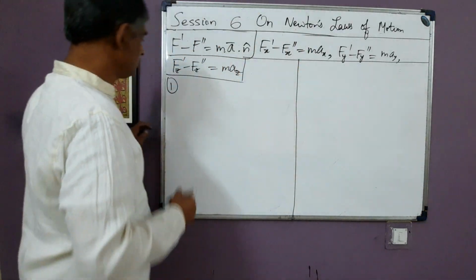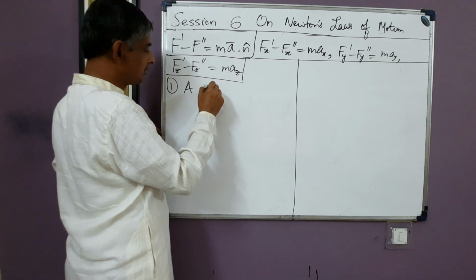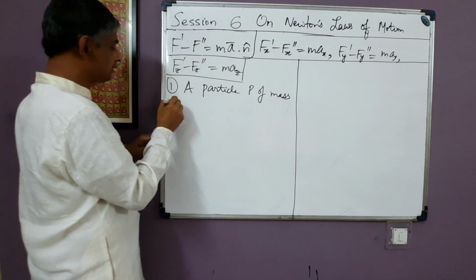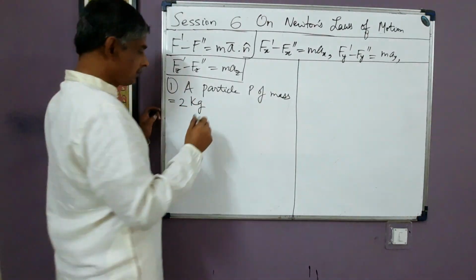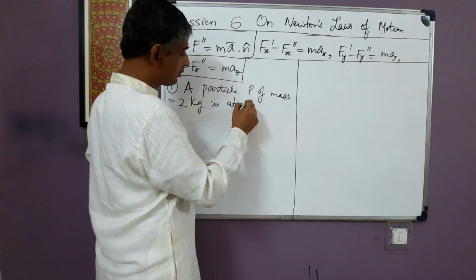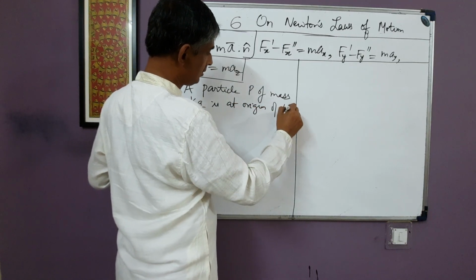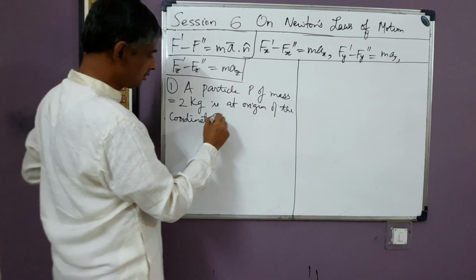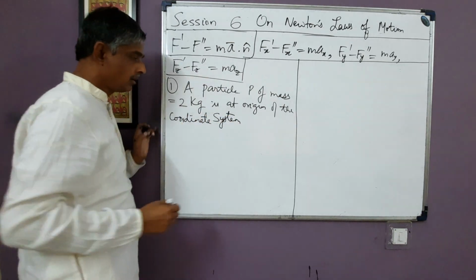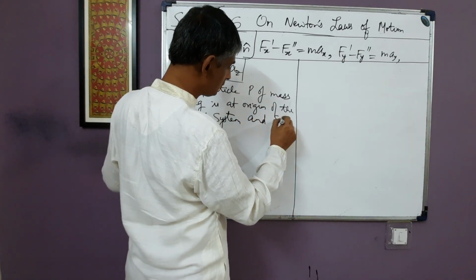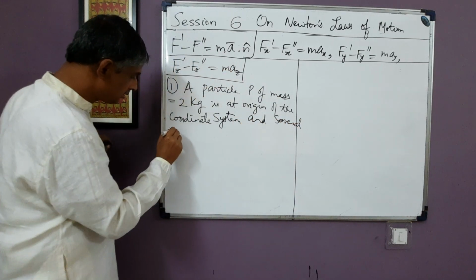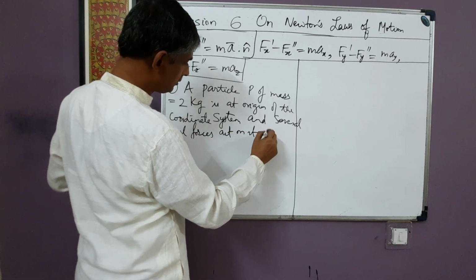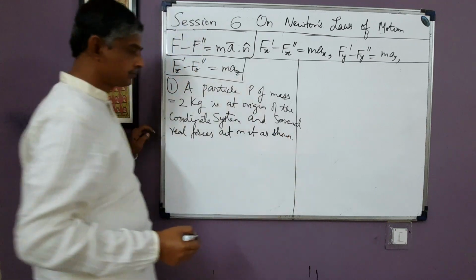So the problem is this: a particle P of mass equal to 2 kg is at the origin of the coordinate system, and several real forces act on it as shown.